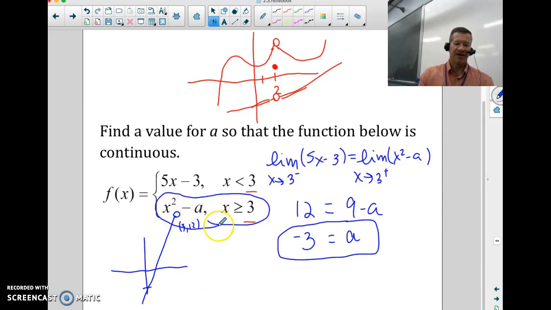Now, x squared minus a, if a is negative 3, that would say x squared plus 3. So that's a parabola that's shifted up 3 units. But I don't want to graph the left side of it, I only want to graph it to the right of 3. So putting 3 in here, I get 12, it fills in that point, and now it has a little curvature to it because it's a parabola. So that's what that graph would look like, provided that a is negative 3.